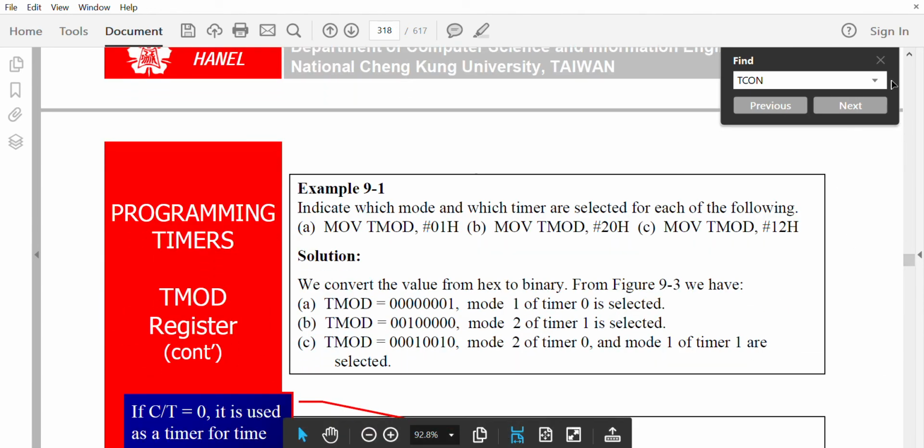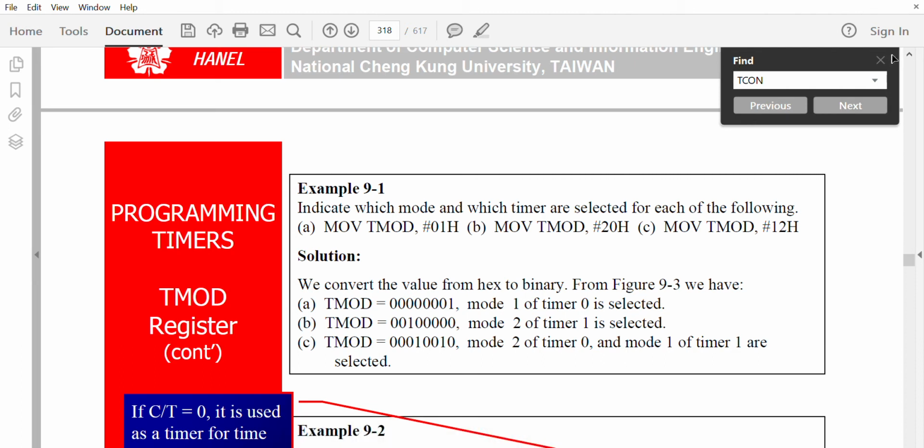Now here we have a problem, which is: indicate which mode and which timer are selected for the following.